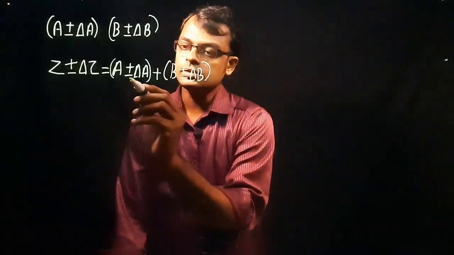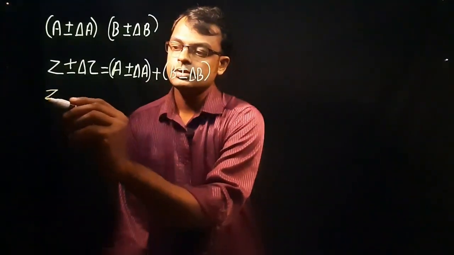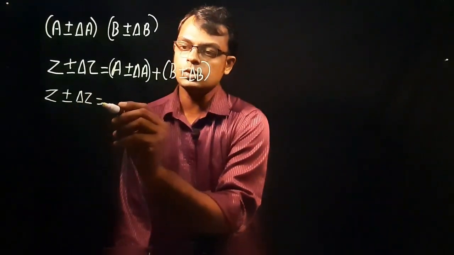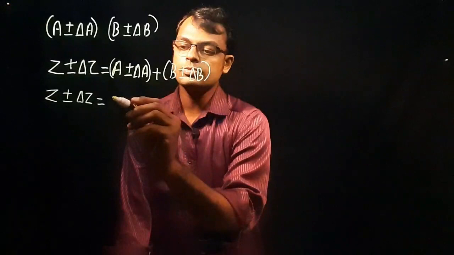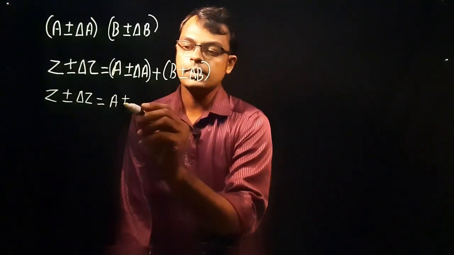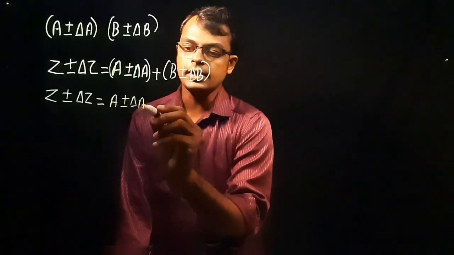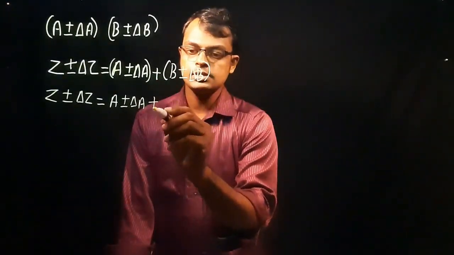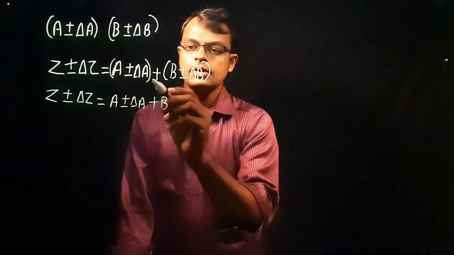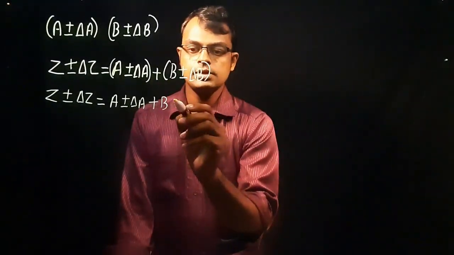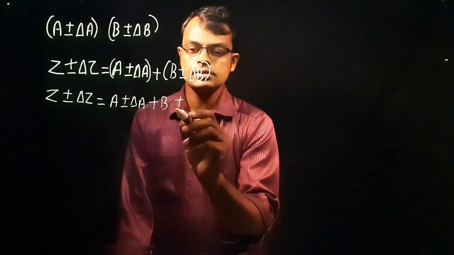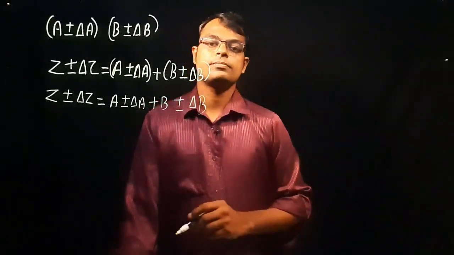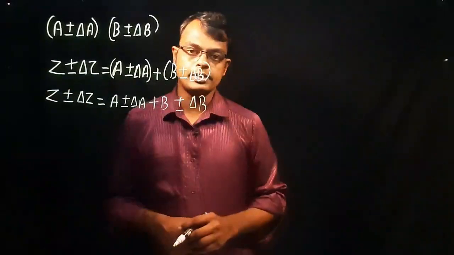Now just open the brackets. We can write Z plus or minus delta Z is equal to A plus or minus delta A, and now multiply the plus with the inside: plus B, plus into plus is plus itself, plus into minus is minus, delta B. So we have opened the bracket here.